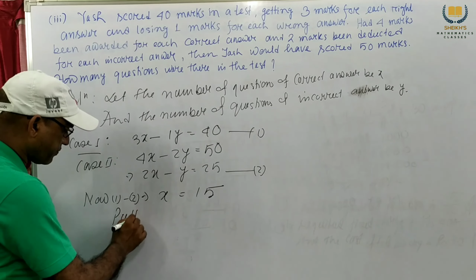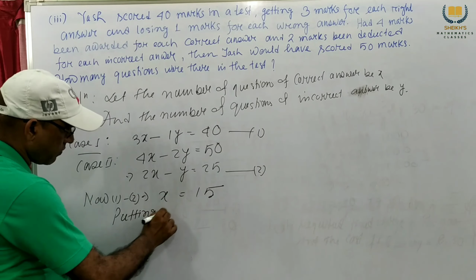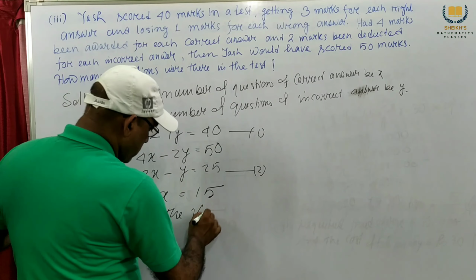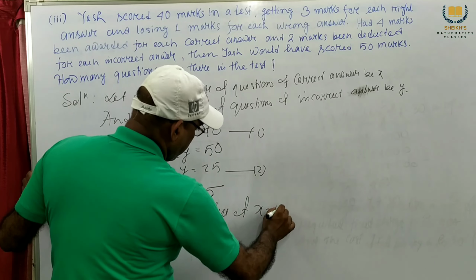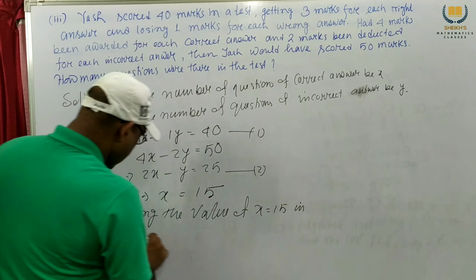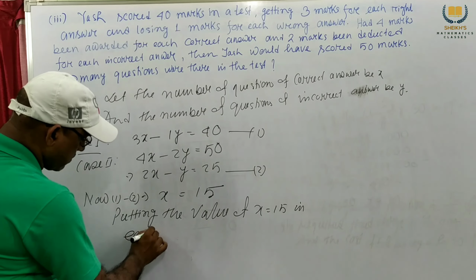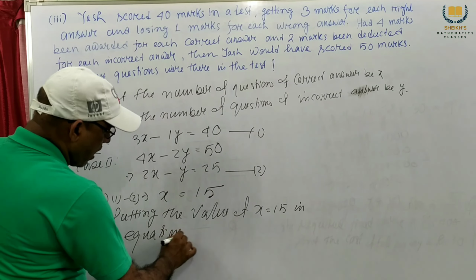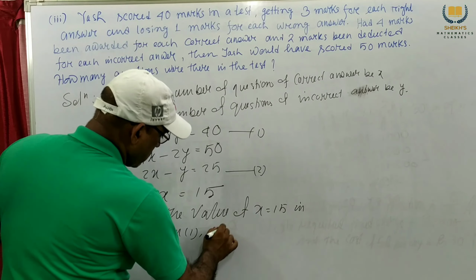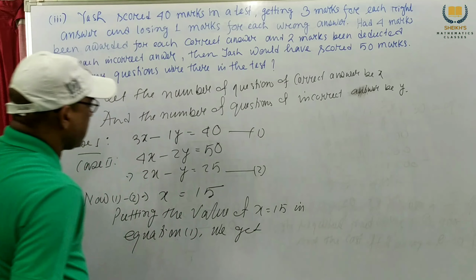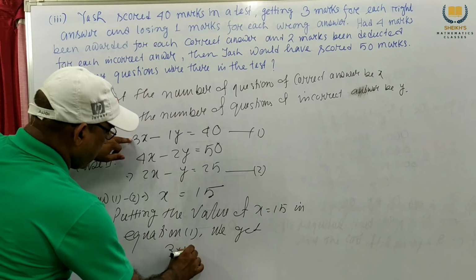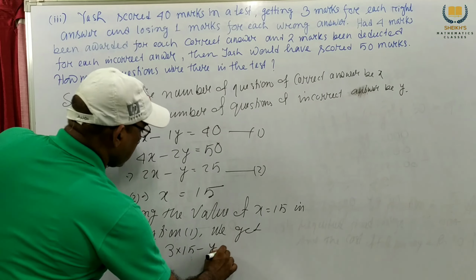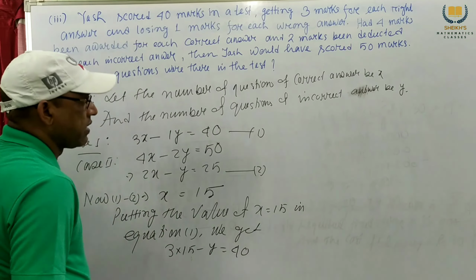Putting the value of x equal to 15 in equation 1, we get 3 into 15 minus y equal to 40.